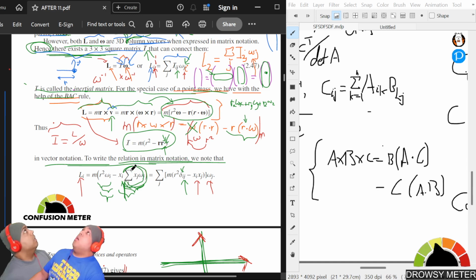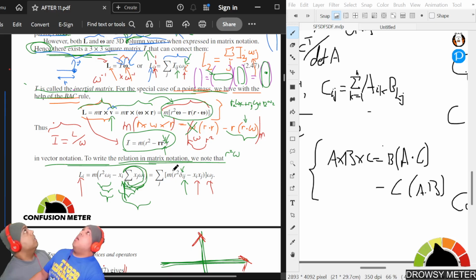m r squared. Okay, now we're factoring out omega_j. Are we allowed to do that? I really like my brackets. If you're factoring something out, you're like dividing, right?